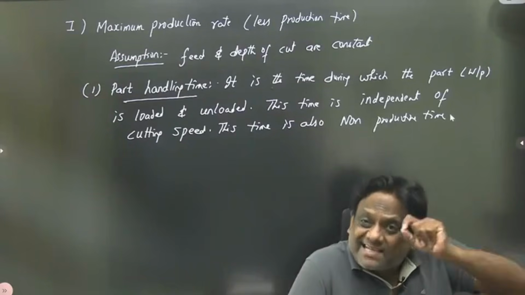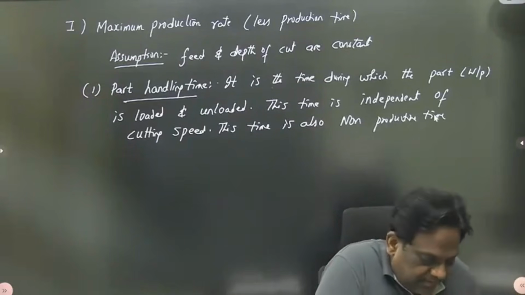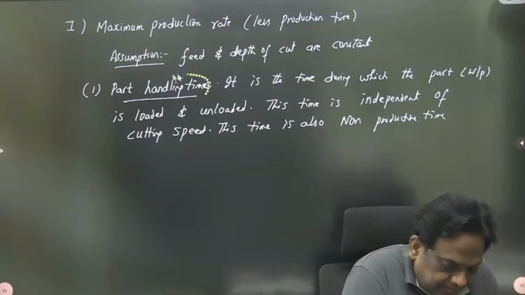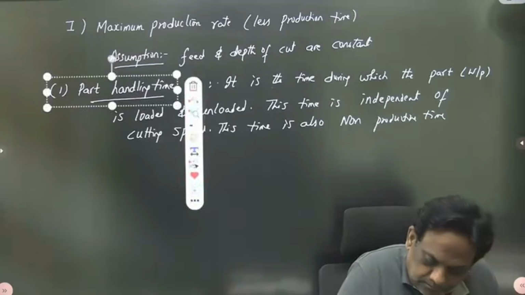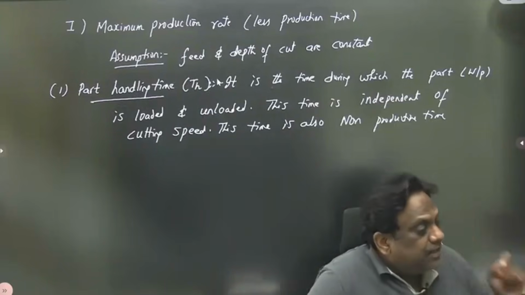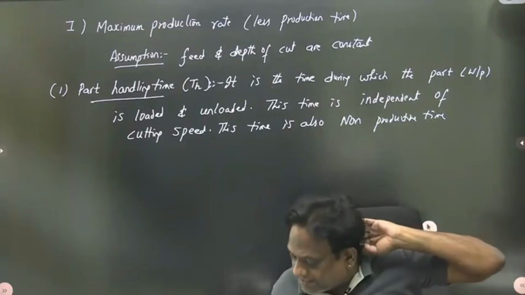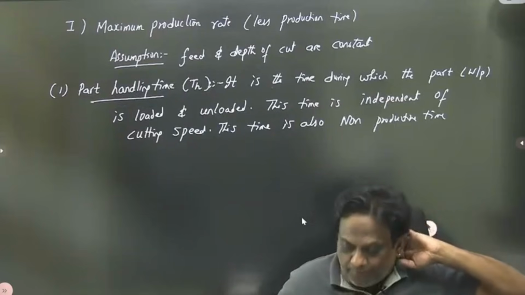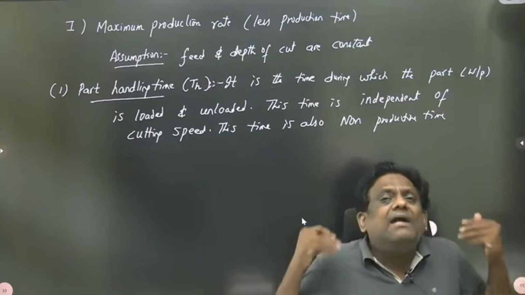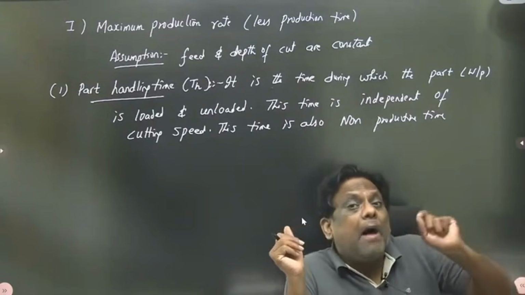And let us designate this time with TH. Can you tell me what is TH, sir? I have taken from the Groover book. What is TH? It is the handling time, part handling time.